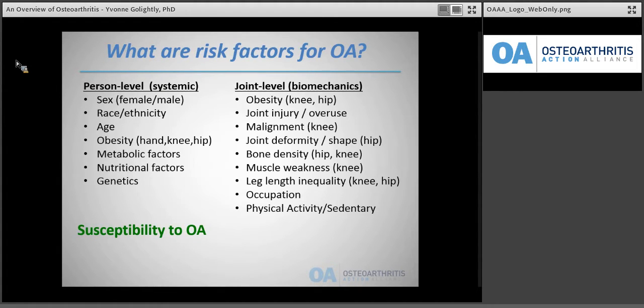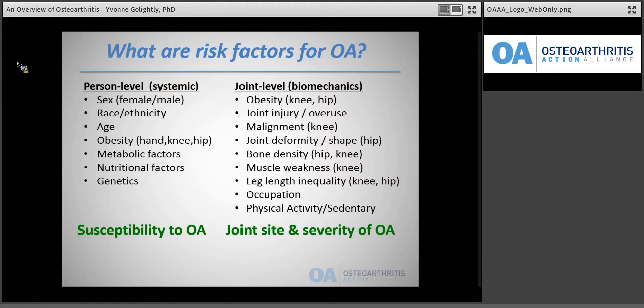And then there are also the joint-level factors. This also includes obesity because we can see with individuals who have greater weight that there's more loading on their joints, so it's a biomechanical factor. Other joint-level factors include joint injury, malalignment, joint deformity, and joint shape, bone density, muscle weakness, leg length inequality, occupation, and then physical activity, especially sedentary behaviors.